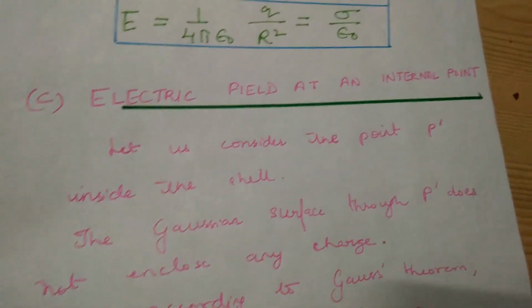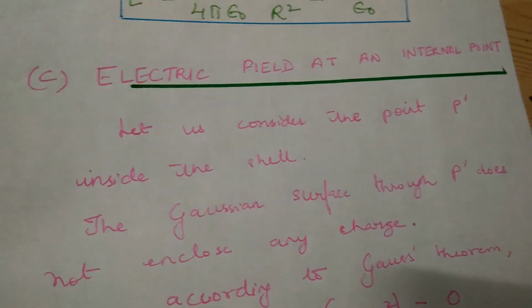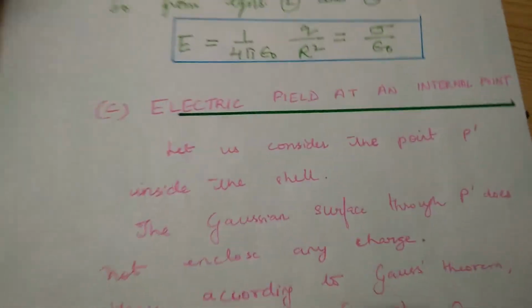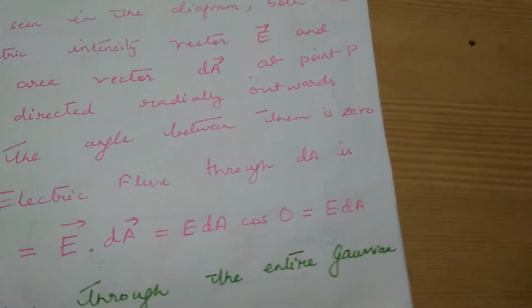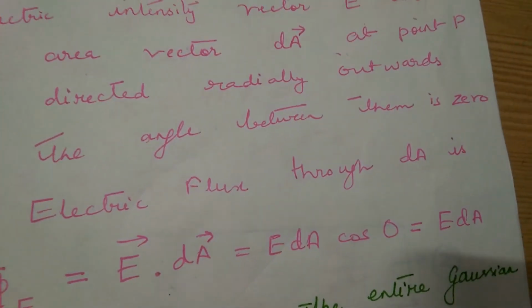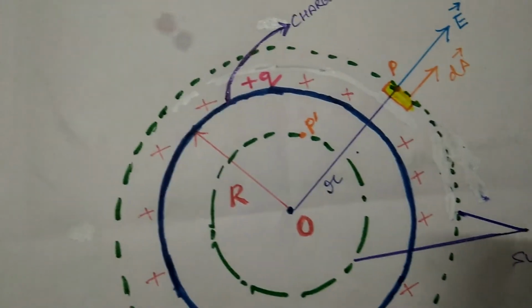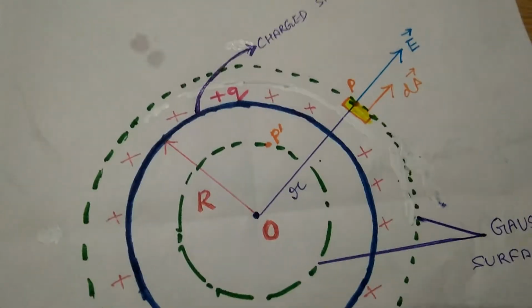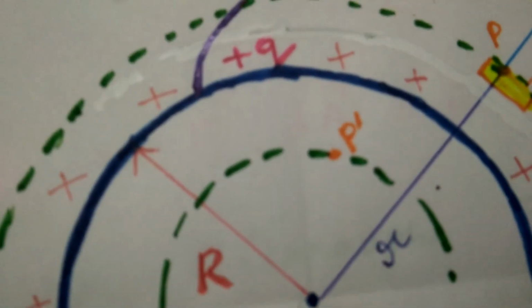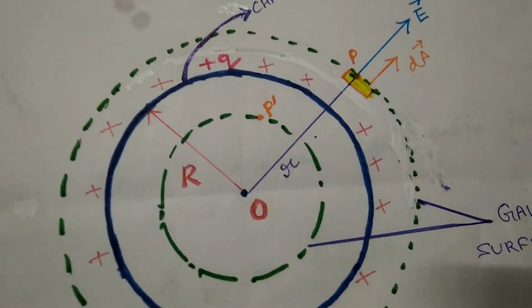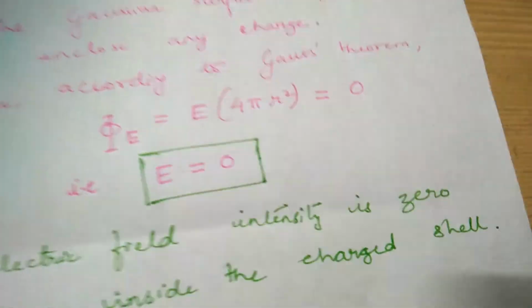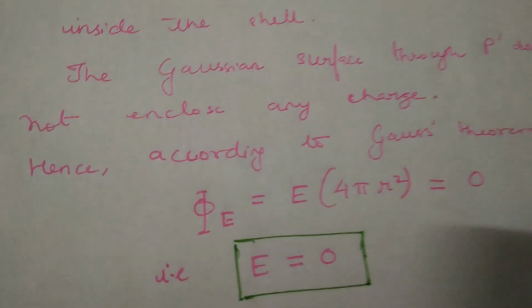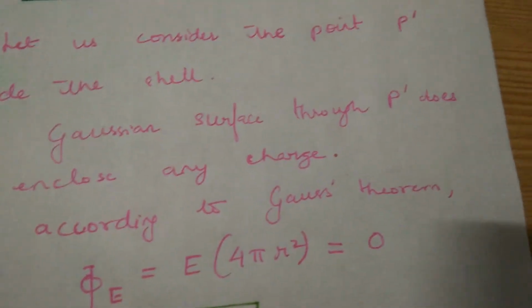The third part is electric field at a point inside the shell. So let us go back to the diagram for that. If the point is inside the shell, like P dash, again we are using phi E is equal to E 4 pi r square.